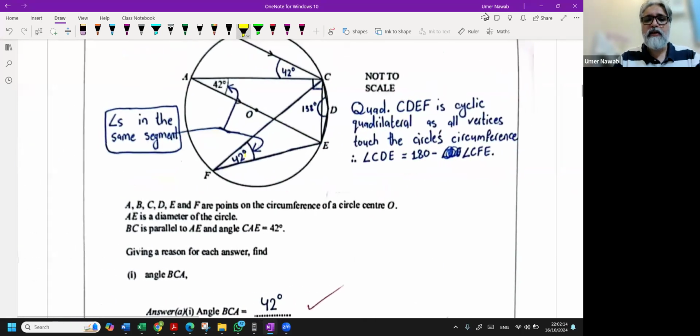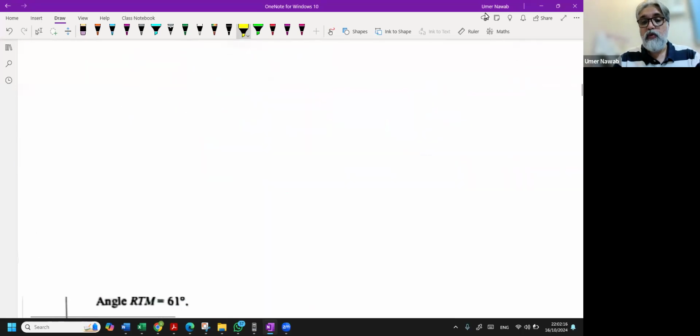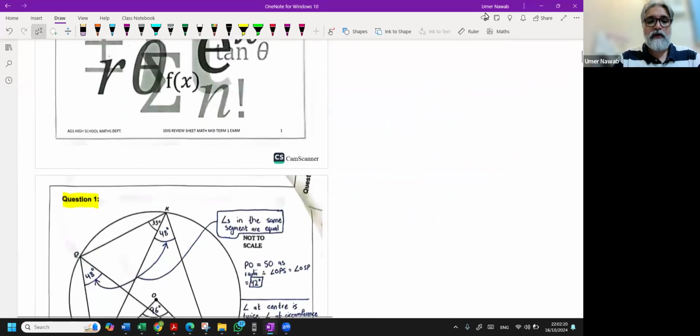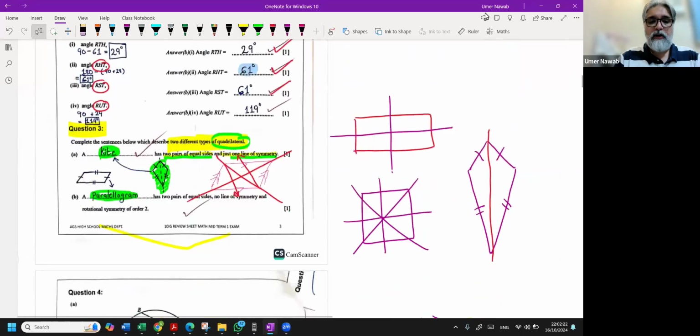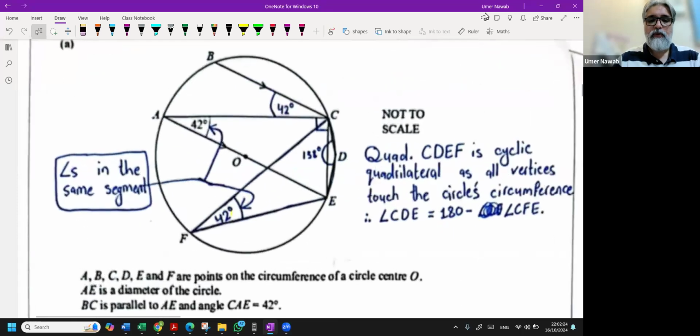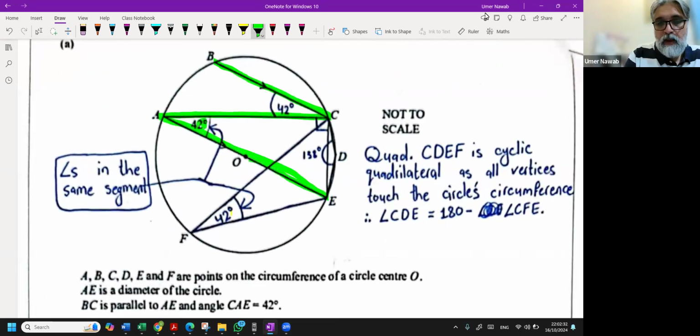So parallel lines are here, so maybe I will use the properties of alternate pair of angles. Check it out, guys. Can I make a Z? Look at that. This is the Z. So this is 42. I will write this 140.